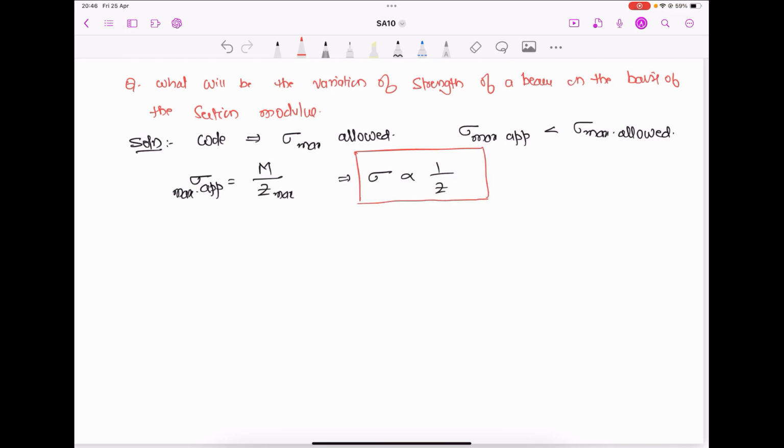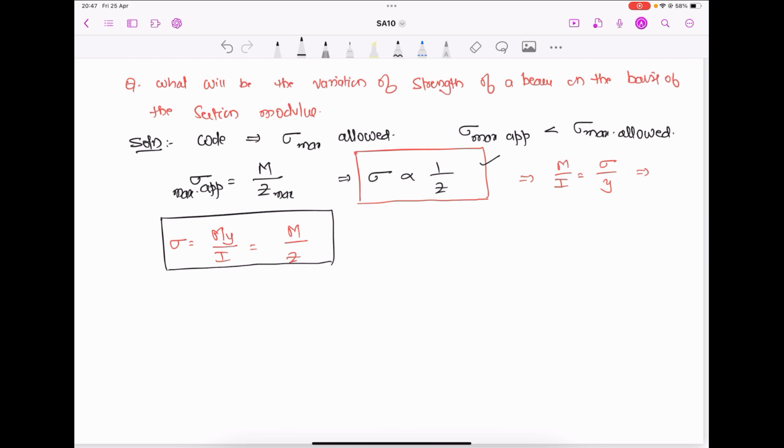Bending stress is directly proportional to 1 by Z. Because M by I is equal to sigma by y, that implies sigma is equal to My by I, that is equal to M by Z. This is the basic formula. This is the relation.